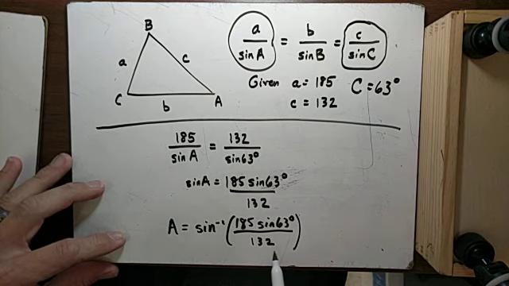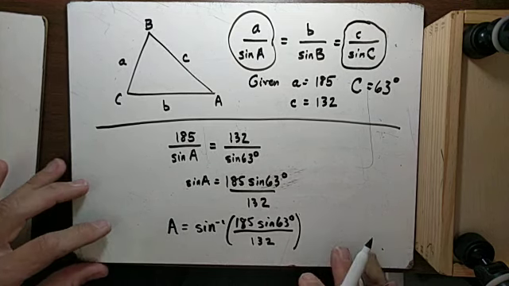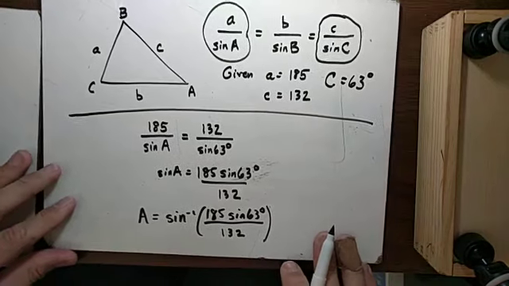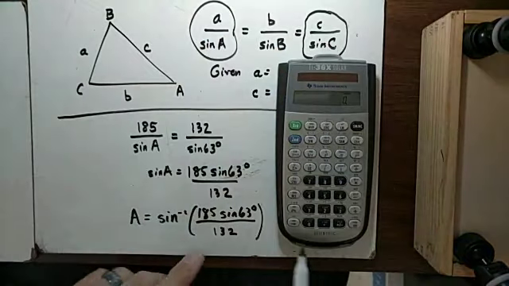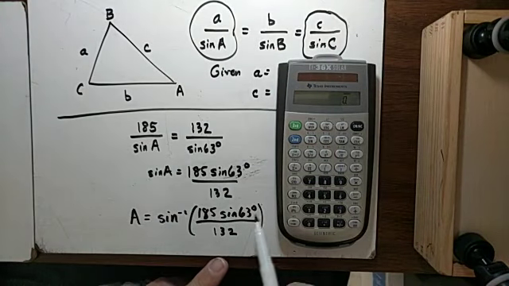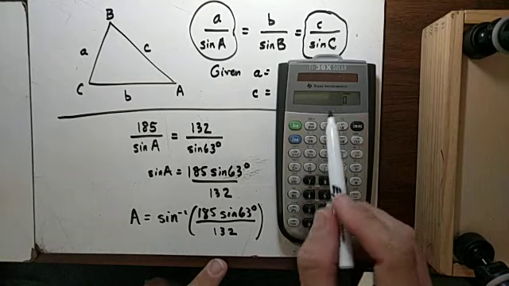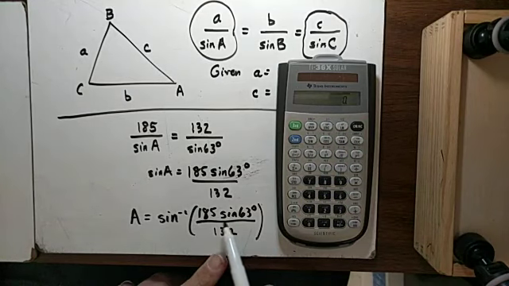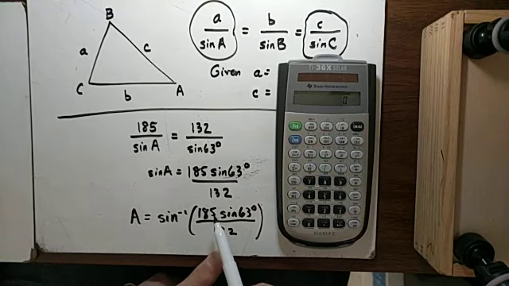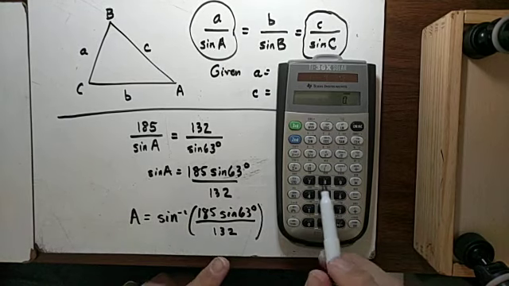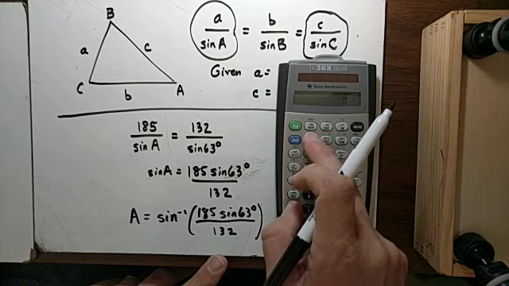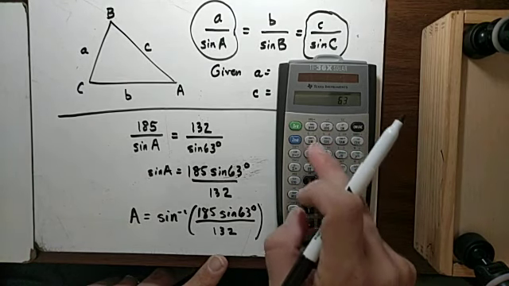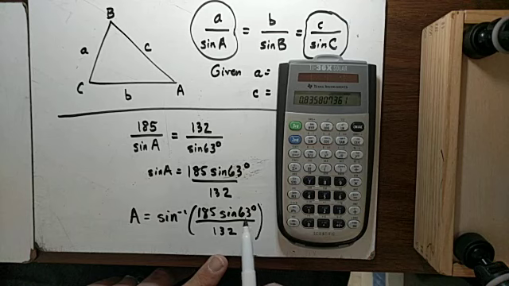Okay. So what we're going to try to do is use our calculator. Let me move this over a little bit so I can fit the calculator on the screen. Being that the calculator that I have, I can't type it all in at once very easily unless I use some parentheses or something. So I'm going to do the sine of 63. All right, so I'm good there.